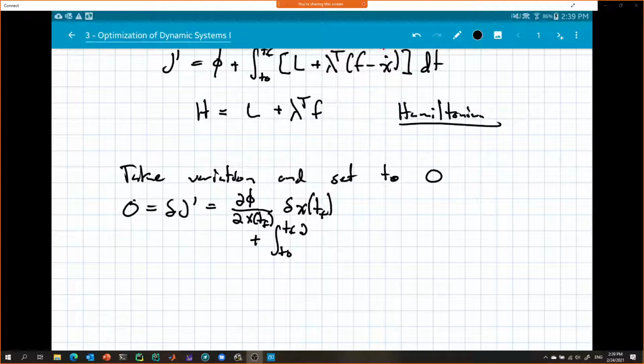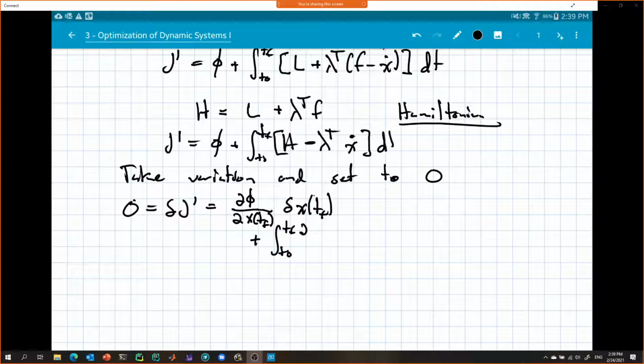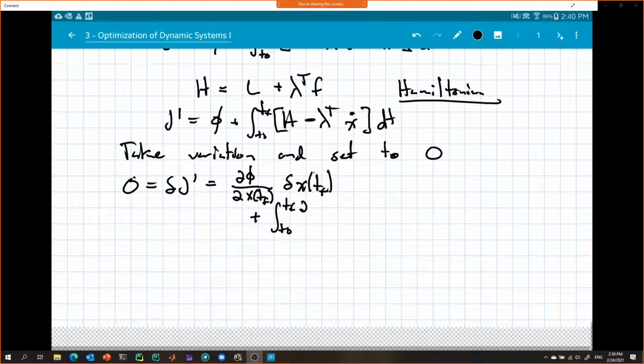So the result is we have J prime is equal to phi plus, then we have H plus lambda transpose times f minus x dot, and then so simplify it a little bit.